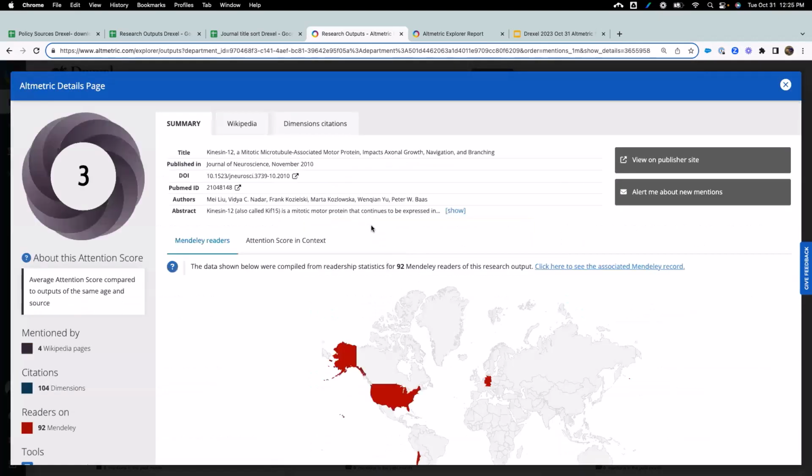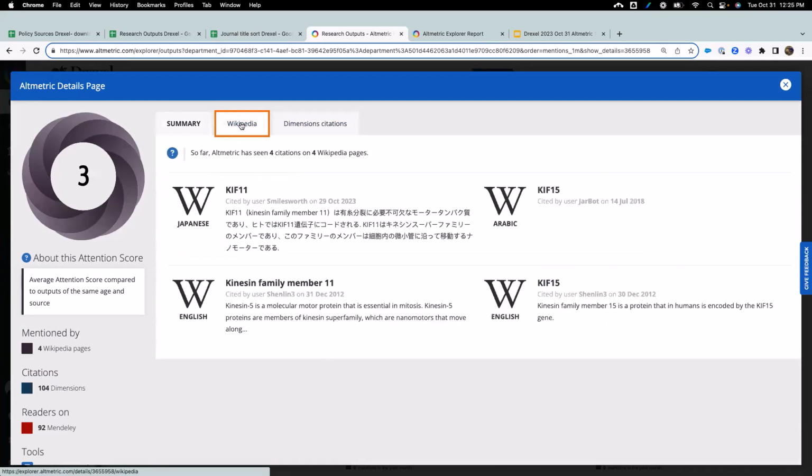All right, let's see what this is. Okay, so it's been cited in a Wikipedia page, and we track 34 different language Wikipedia pages. And so we can take a look at this here and say, okay, so this has been updated in the Japanese.